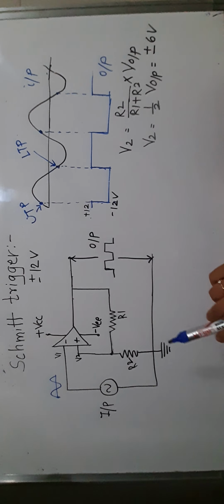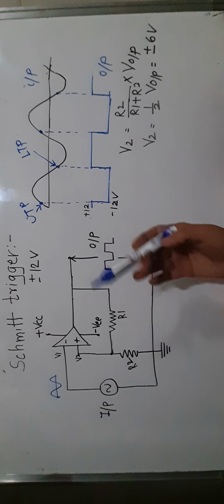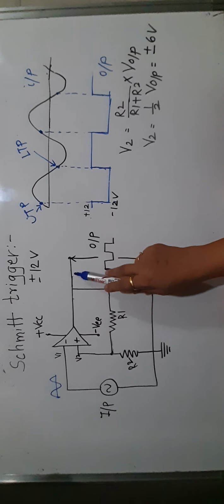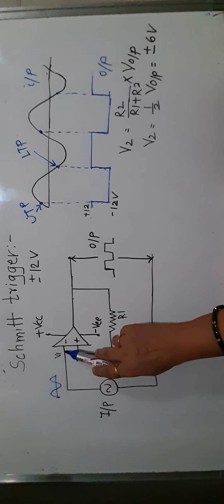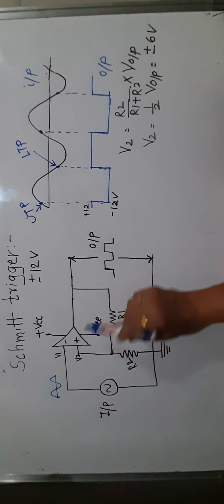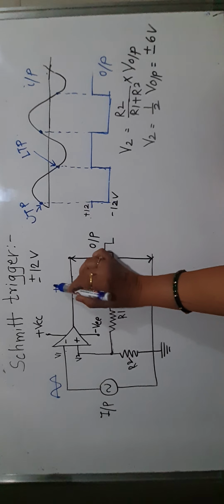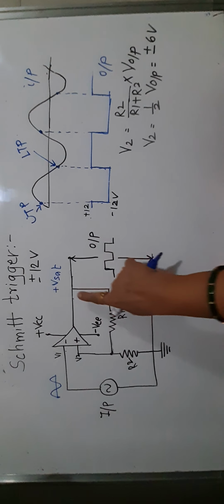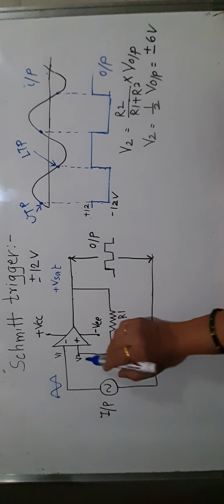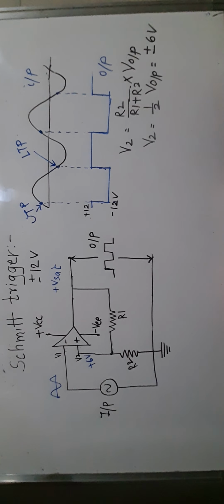As this voltage is 0, we know how a comparator works: where the voltage is higher, that polarity is given to the output. The voltage at the negative terminal is 0, so obviously the higher voltage will be at the other terminal. So initially the output will be plus Vsat or plus 12 volt. As the output is plus 12 volt, the reference voltage is plus 6 volt initially.